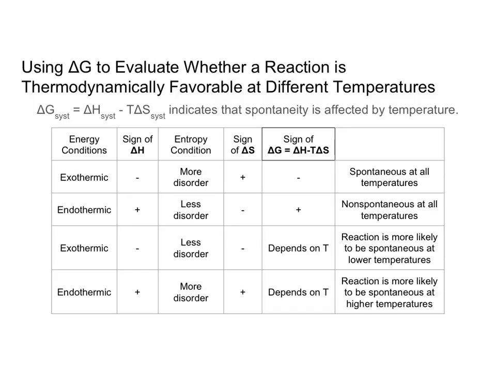If the reaction tends to be exothermic, the sign of the enthalpy is negative. At that point, the entropy condition would be more disordered, so the sign of delta S is positive. The value you get when you calculate delta G will be negative, meaning it is spontaneous at all temperatures.